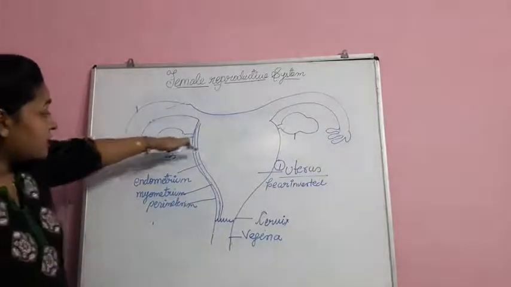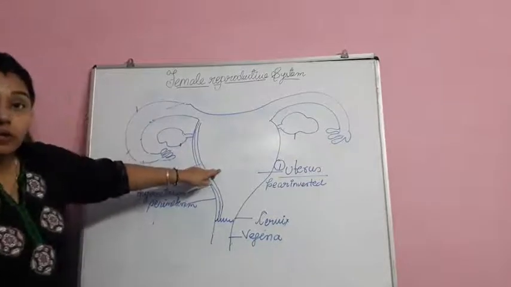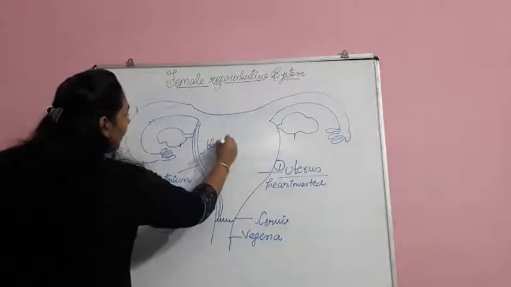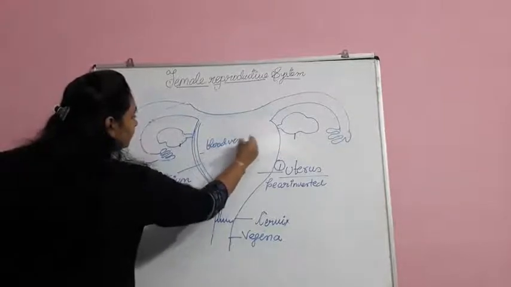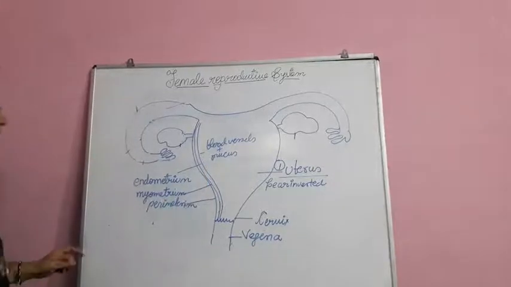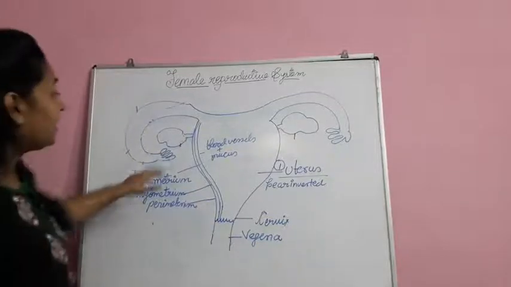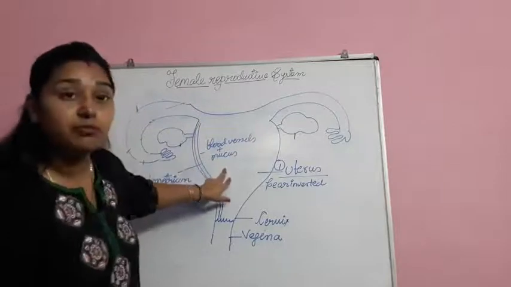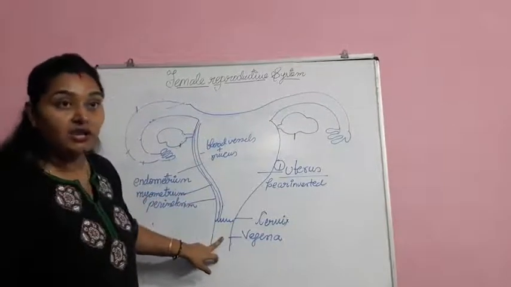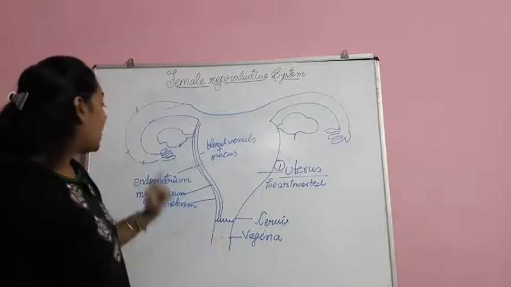The innermost layer, the endometrium, is made up of blood vessels plus mucus. Now this endometrium layer gets ruptured when the menstrual cycle happens. At that time the blood vessels and mucus sheds off through the vagina, and the menstrual cycle happens.